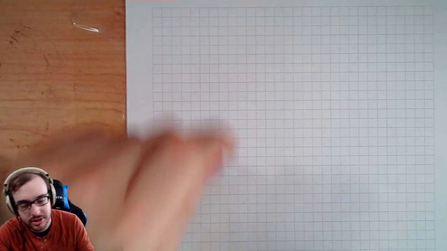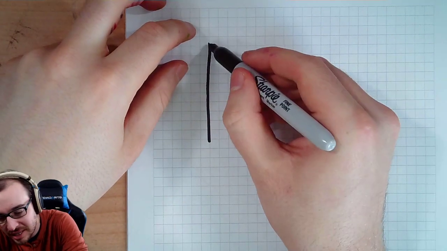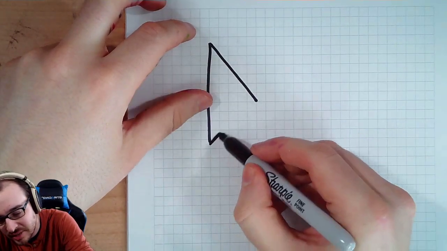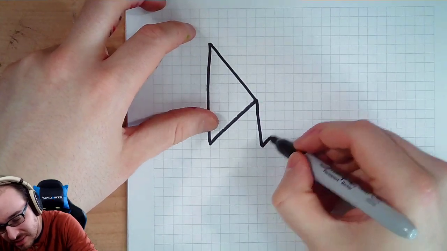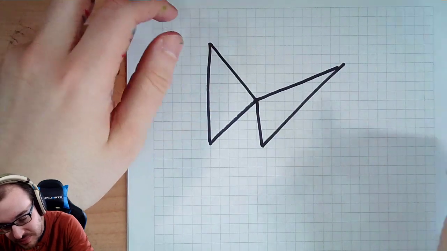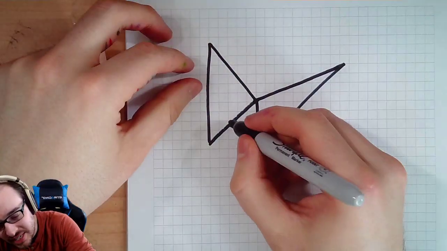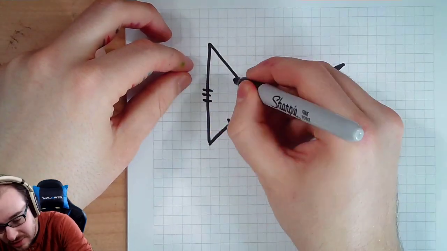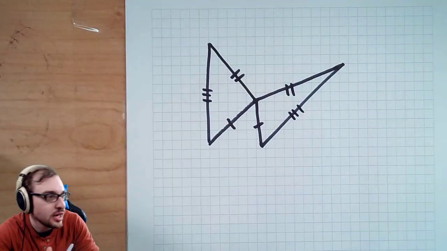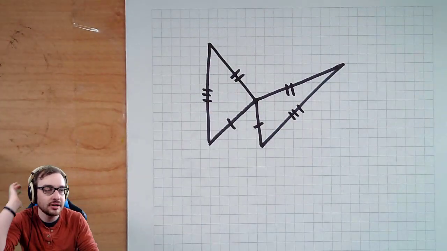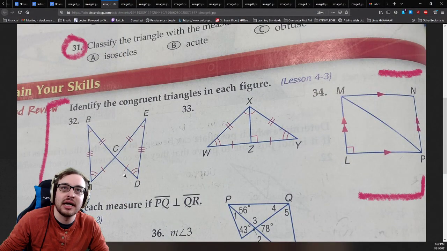So let's do this. We have two triangles that are connected, and it annoys me because if you're connecting them and they're not straight lines, then why are we doing it? It's like this essentially, so it's not a perfect X, and they give us all of this. So we have this, and then we have some angles that are the same, and for this one they'll use double angle marks to match up double with double.